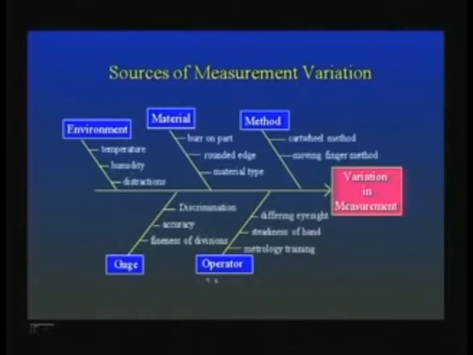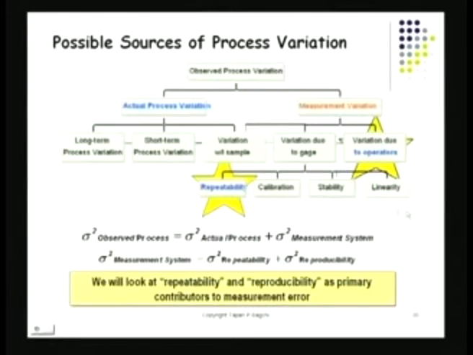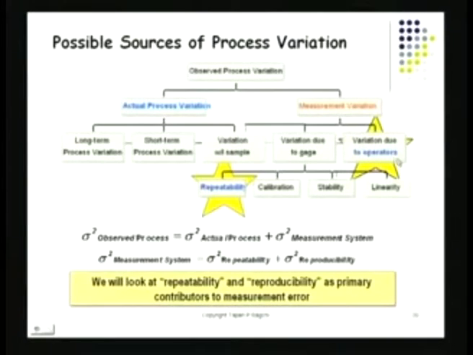So you see I've listed various factors that could lead to variation in the measured data. And this is another picture of it. But what I'd like to point out is that the concern industry has most of the time is the issue of repeatability, which means if I apply the same gauge on the same object again and again, will I get the same reading? The other issue that industry worries about is the issue of reproducibility.